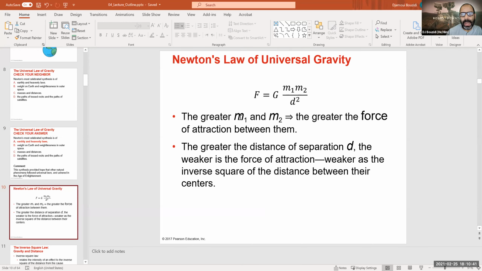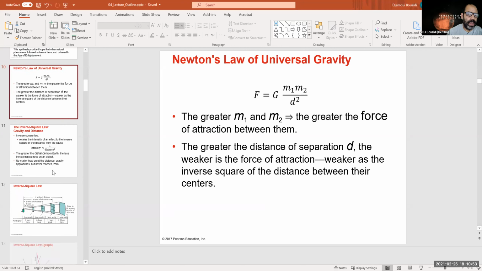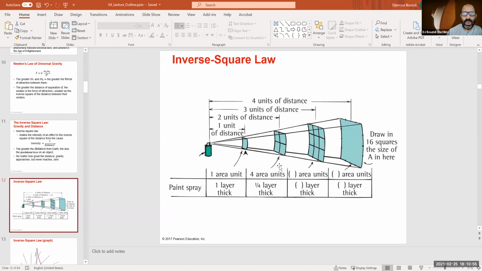Obviously, the bigger the mass, the higher the force. The closer the object is to the mass, the higher the force. That's what this law is saying here. And this distance squared has to do with, for example, if you light a candle and you're close to it, there is a lot of light.